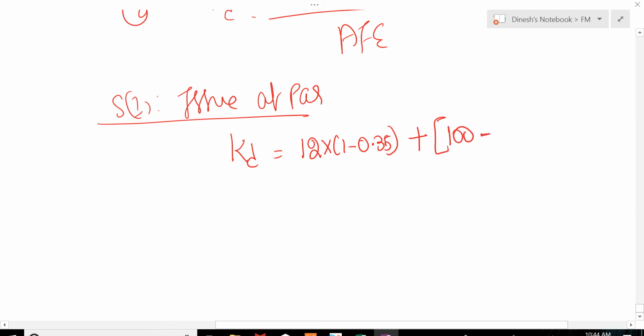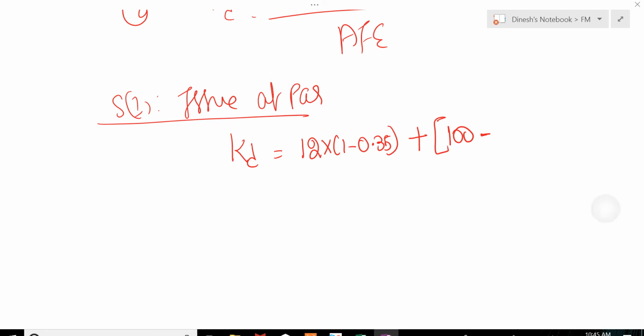Issue price minus flotation cost. Please participate. Net proceeds is issue price minus flotation cost. In case you want me to write it in detail, I'll write it, if at all you are getting stuck. Redeemable value. What is the formula for average other cost? Redeemable value minus net proceeds by balance life. Redeemable value is 100. Net proceeds is issue price minus flotation cost. What is the issue price? 100. Any flotation cost? That is only for the scenario 4.